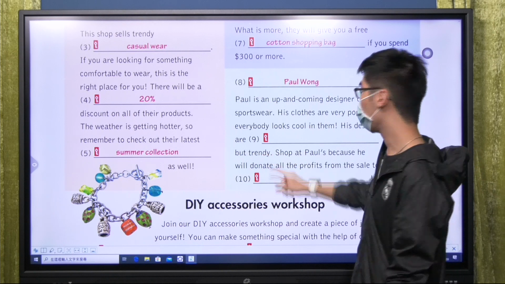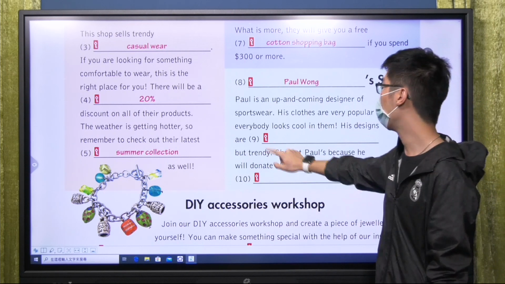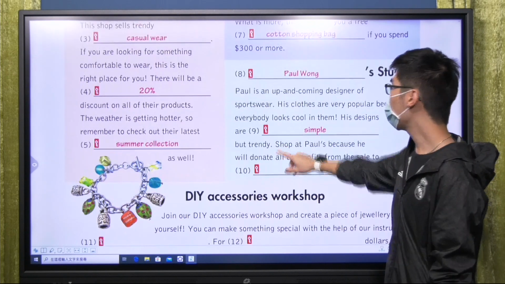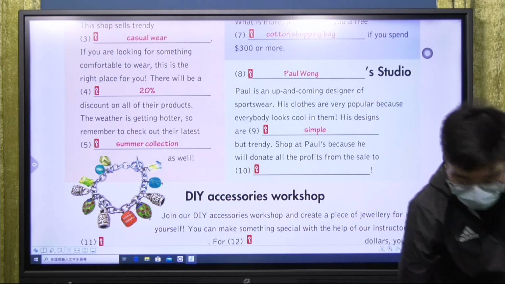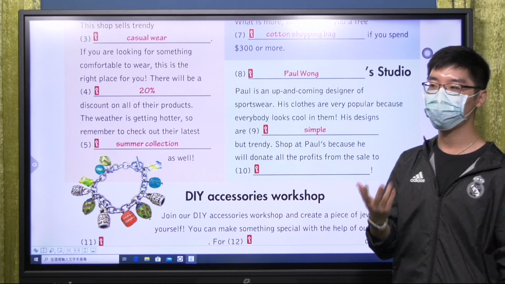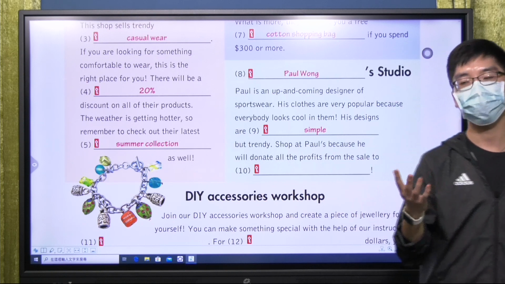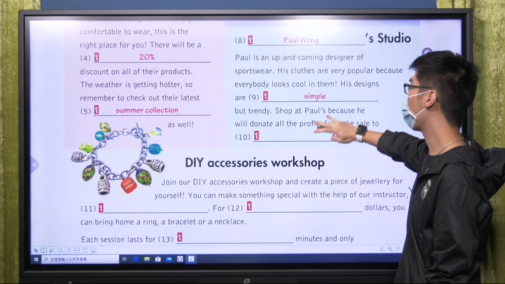Trendy but simple, okay? Simple. This is all you can find in the data file, at the recording part. That's why I ask you to drop the answer down for you to do this part, okay? It is important for you to drop your answer, otherwise you can't do it correctly.